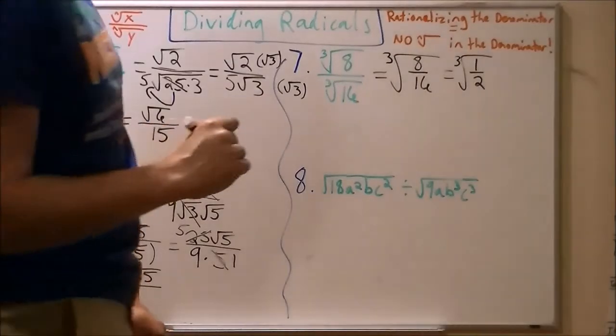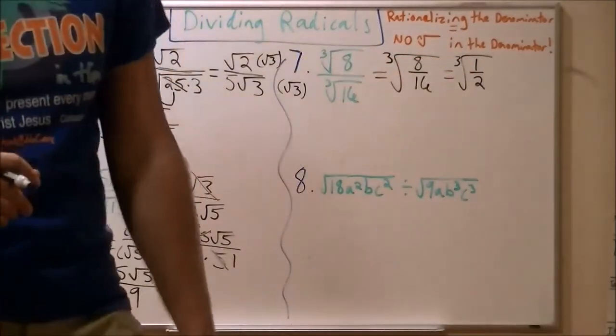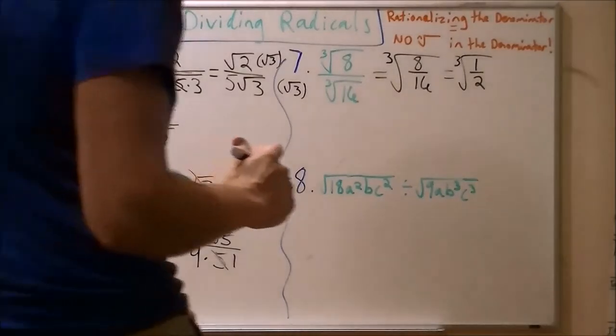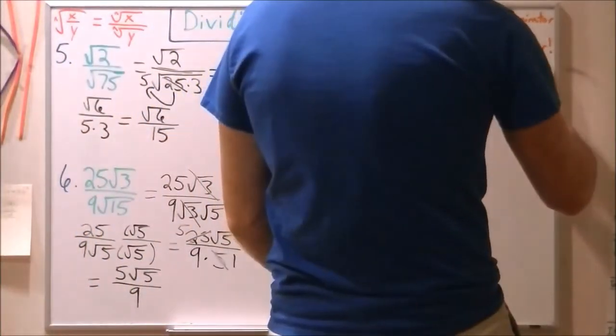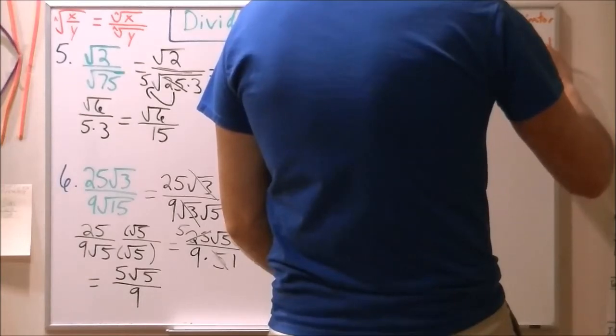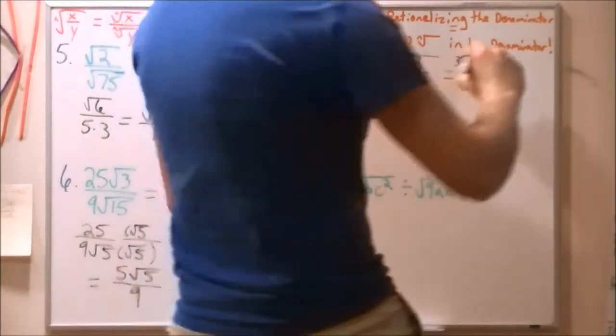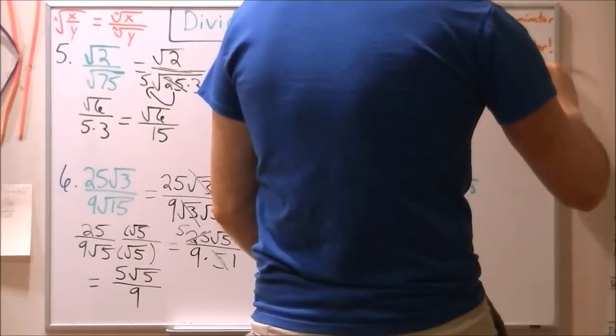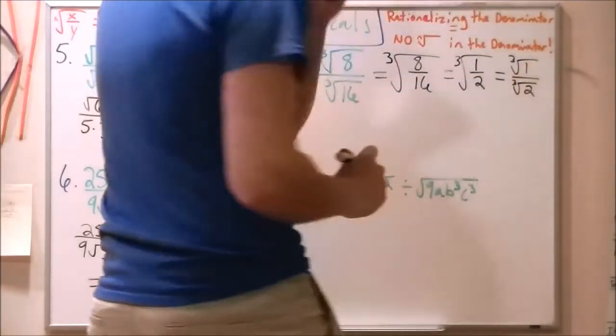But watch this. I want to break those back apart because what's the cubed root of 1? I can already simplify that without any cubed root sign. The cubed root of 1, I'll write it out for you here, over the cubed root of 2.